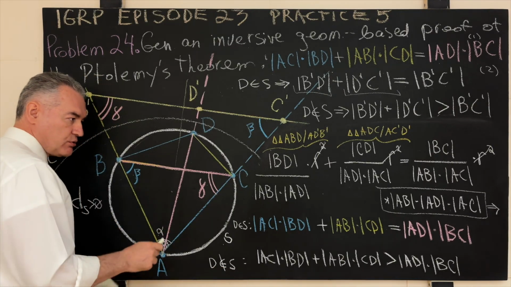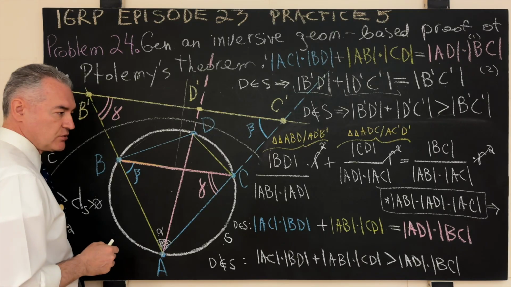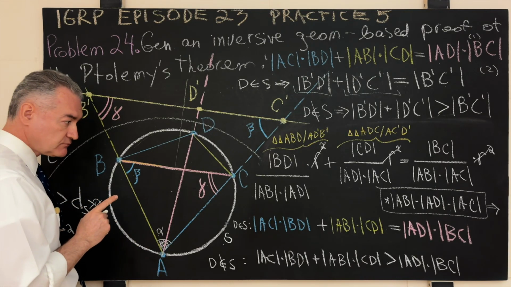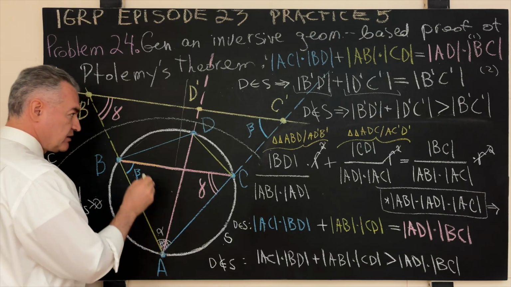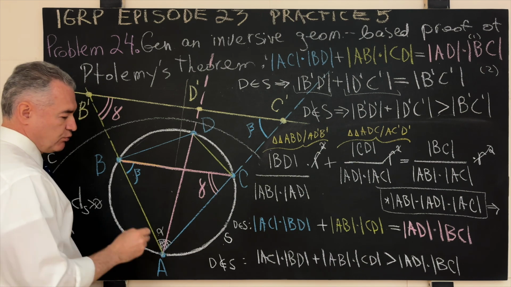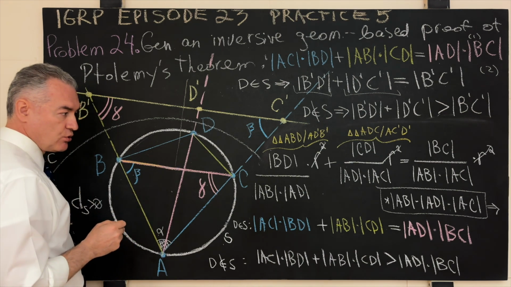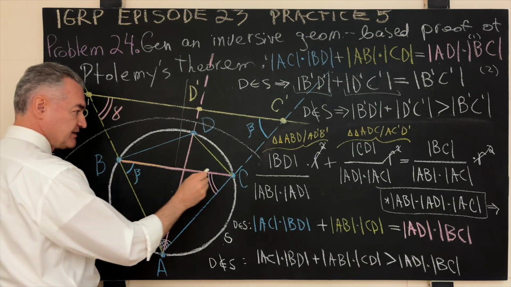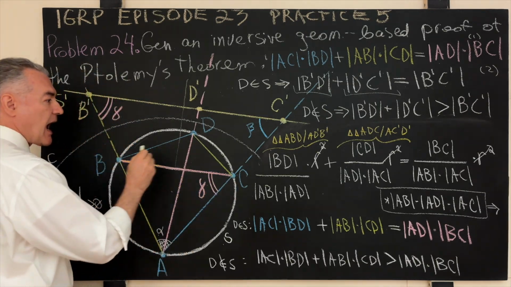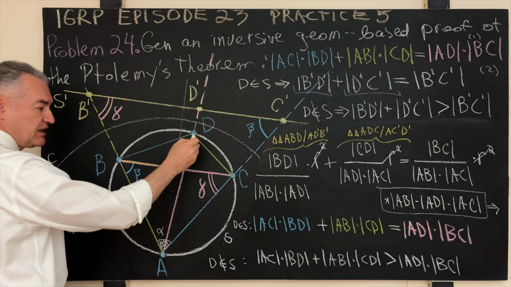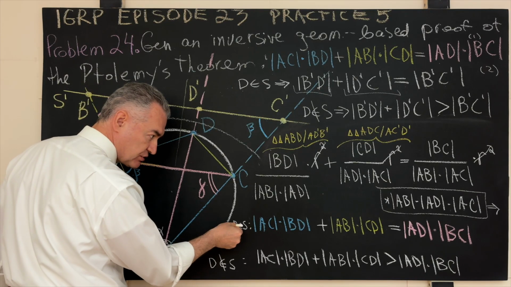And now we wrap all this magic into the following statement. What we just did is we proved the following theorem. If the points A, B, C, and D belong to one and the same circle in such a way that the points B and C sit on opposite or different arcs delineated by the points A and D, then the following relation holds.